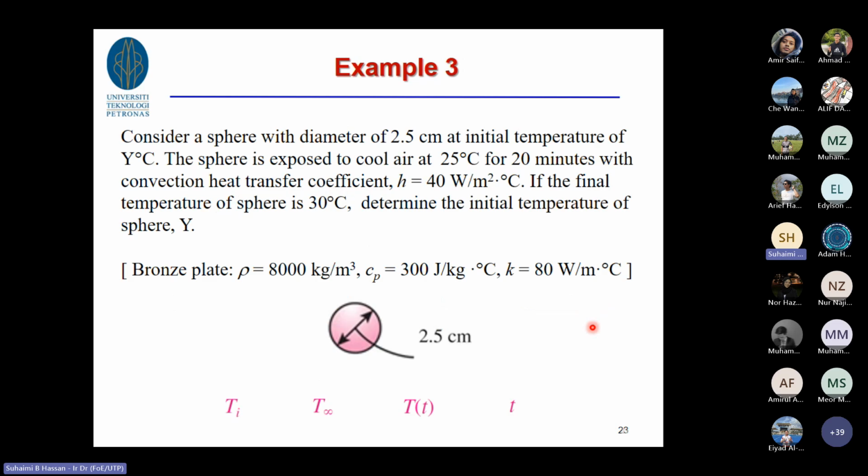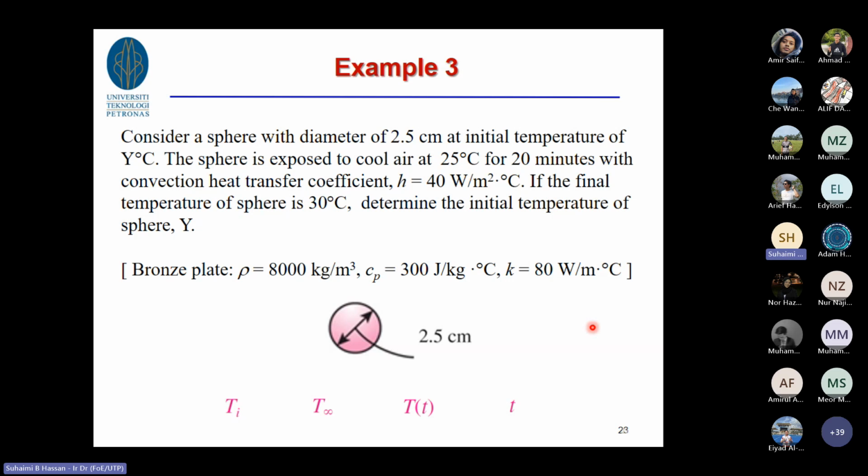Okay, look at the third question, but it is a sphere. Consider a sphere with diameter 2.5, initial temperature of Y. Okay, this one they ask you for the initial temperature. The sphere is exposed to cool air at 25, which is ambient.